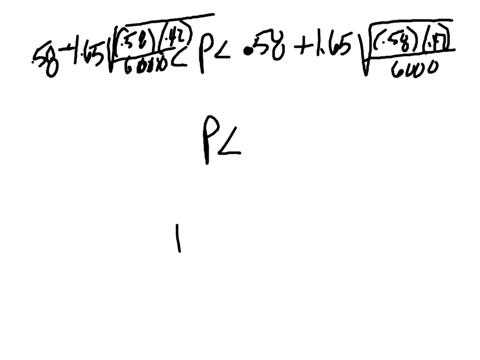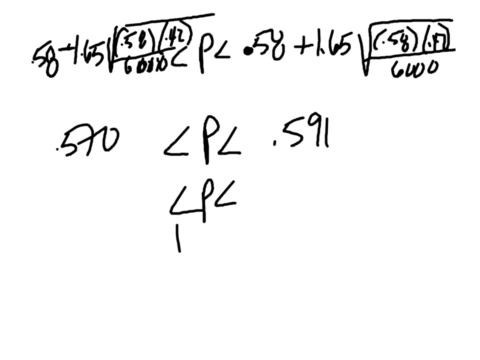Our true population proportion, we're 90% confident of the true population proportion lying in between 0.570 and 0.591, not a very big correction. Or as a percent, 59.1% on the high side and 57.0% on the low side.